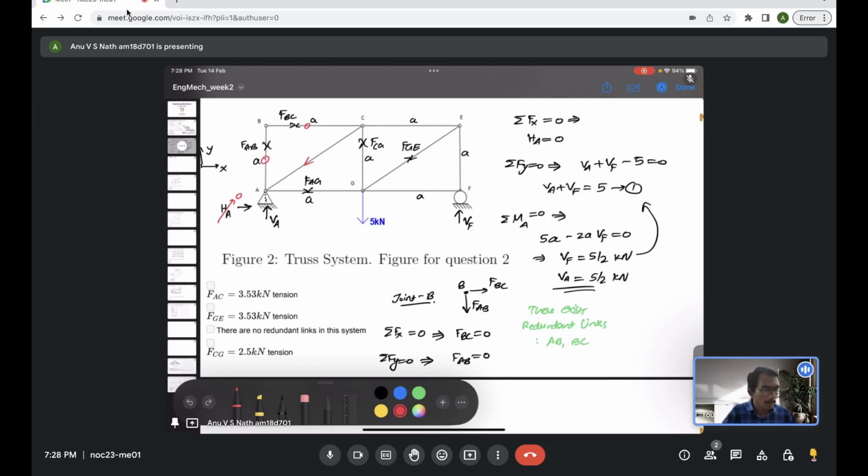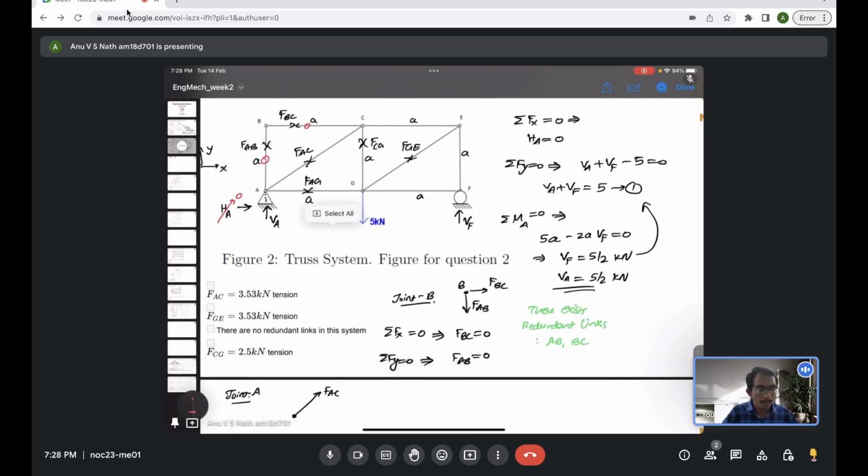So that's what I am going to follow now. I will represent the force in AC or all other members as tensile forces, blindly. Finally, when we get the actual result, if the sign is positive, it is indeed tensile force. But if I get a negative sign, then I will say okay, it was not tensile, it's actually compressive.